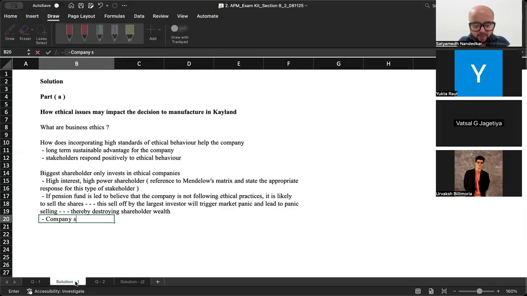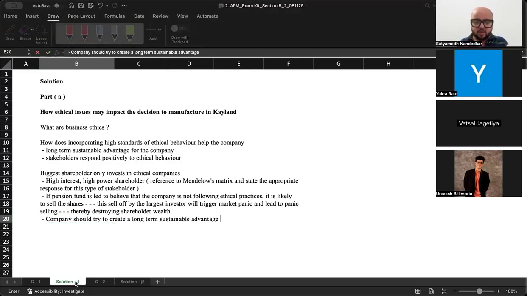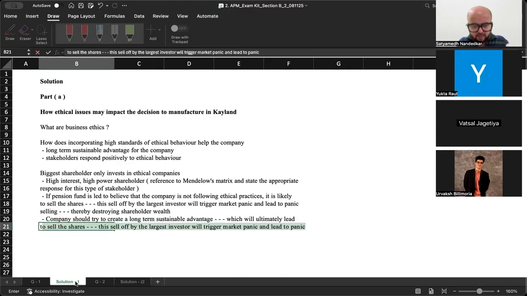Company should try to create a long term sustainable advantage, which will ultimately lead to maximization of shareholder wealth, which will ultimately lead to maximization of long term wealth.